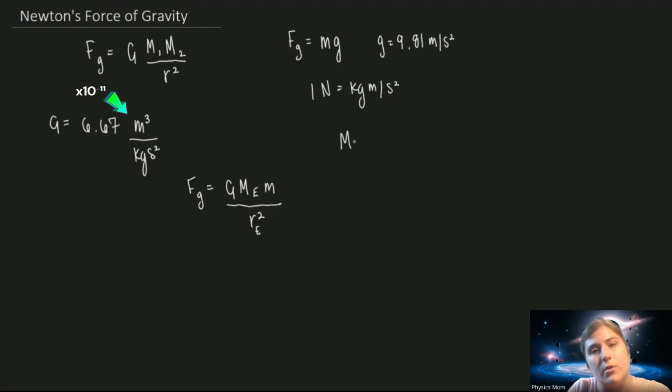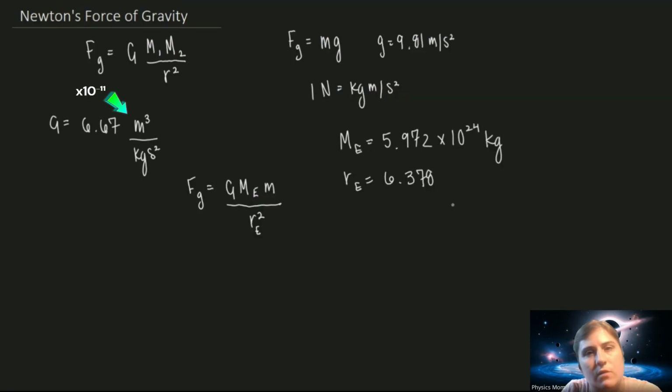So the mass of Earth, which we really need to know, is 5.972 times 10 to the 24 kilograms, because that's related to newtons. The radius of Earth we can round slightly; keeping a few significant figures, it's 6.378 times 10 to the 6 meters.